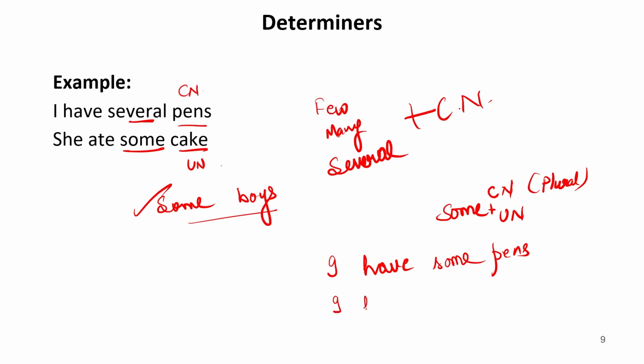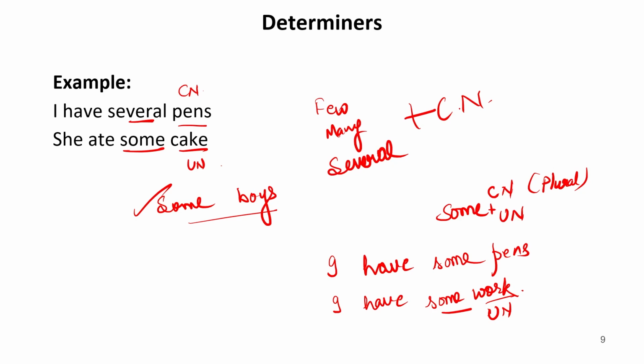But if I say, I have some work. Because work is uncountable, we can use some before it. Work is uncountable. We are using it in singular form only because uncountable nouns are always considered singular. Now the word some is absolutely correct with the noun work, because this noun cannot be made plural.